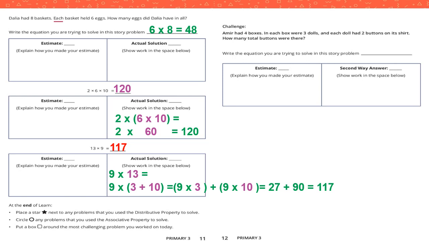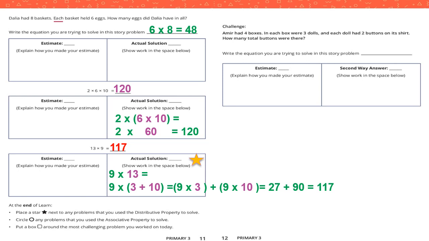At the end of the lesson, place a star next to any problem that uses distributive property. Which one uses distributive property? The last one. So I will put a star here. Circle any problem that you used associative property to solve.